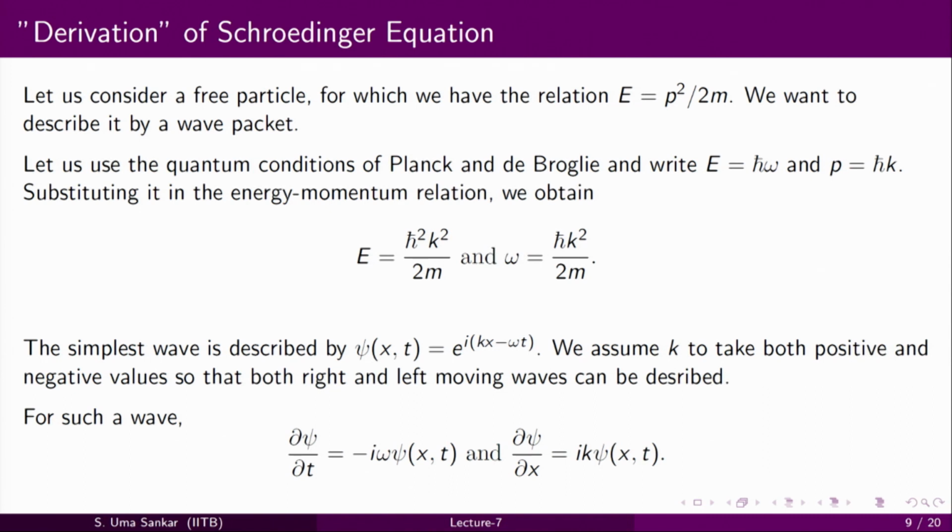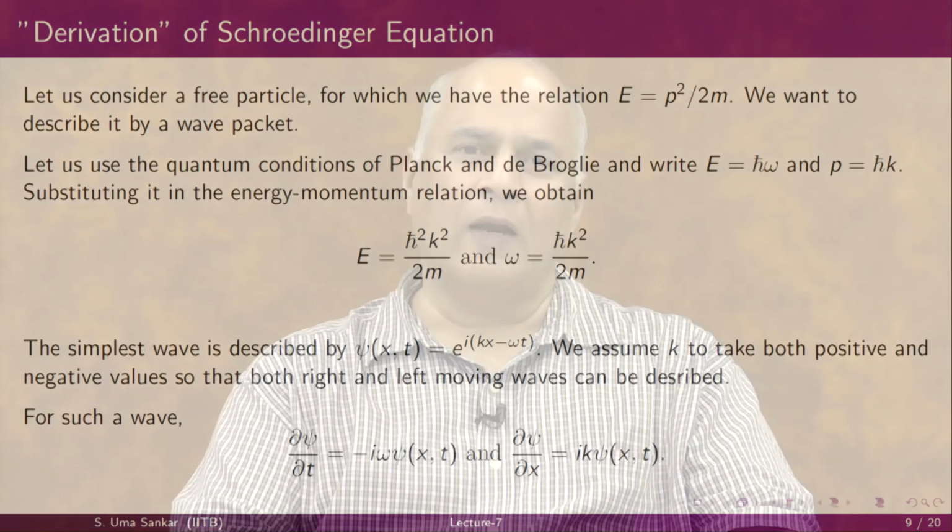So, this is the key insight that Schrödinger had, and as you see in this example, when he applied this insight to a simple wave function given by A times e power i (kx minus omega t), he was able to get the corresponding energy momentum relation for a free particle, that is E is equal to p square by 2m, from this equation.